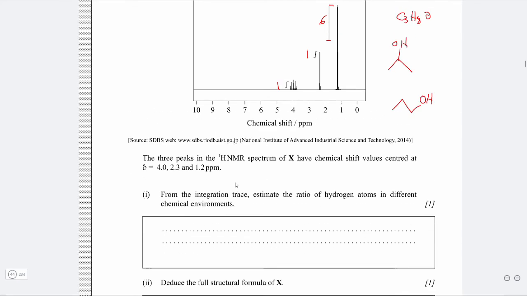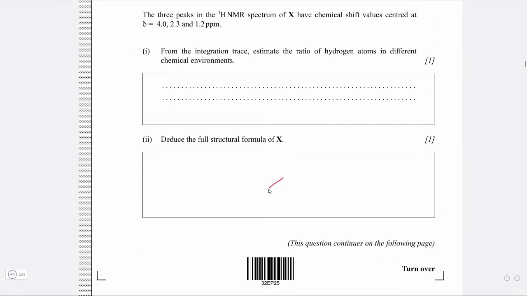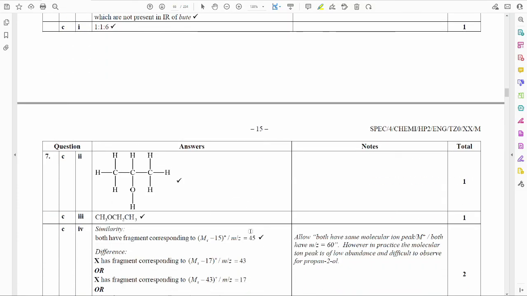And from here we see that this one is very much split, which indicates that it's this hydrogen probably because it's split between 6 different hydrogens here. And then you also have a 6 hydrogen trace here, which would be the hydrogens here. And the one which is really shifted is this hydrogen, and then you have the OH hydrogen here. So the full structural formula would just be 2-propanol. Yeah.